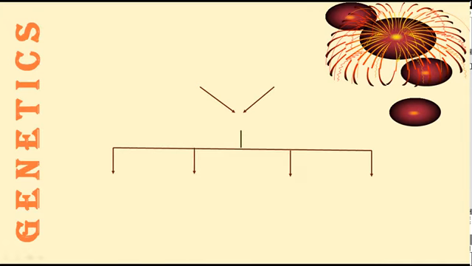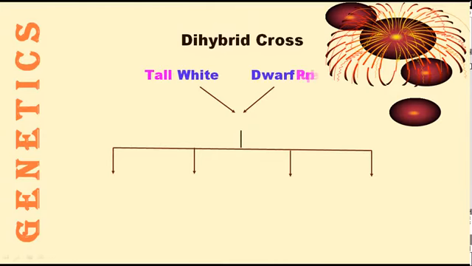Now the setting is changed. The tall plants bear white flowers and the dwarf plants bear purple flowers. That is, one character is dominant and another is recessive.